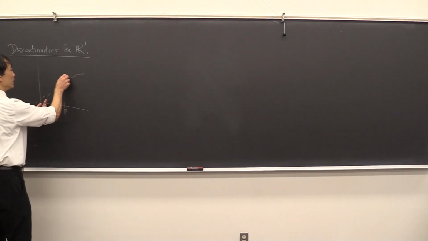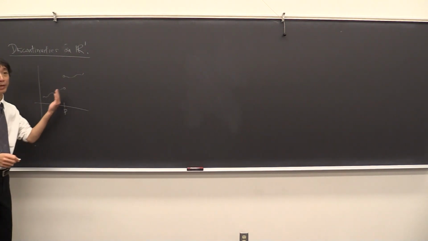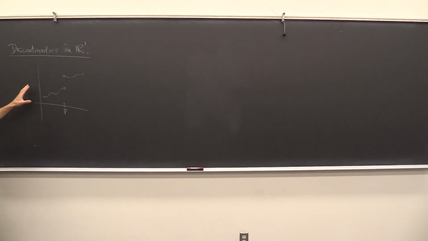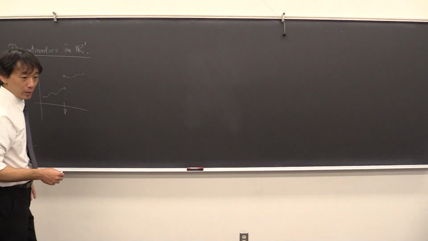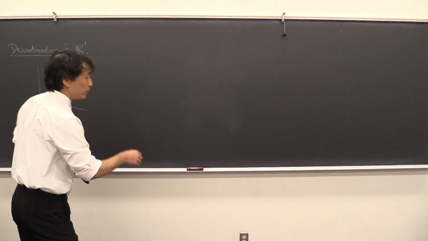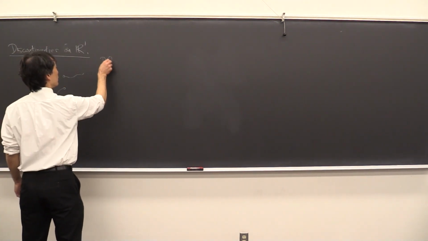If a function has a limit from the right-hand side, you can talk about a right-handed limit. So we're just going to describe that using the vocabulary that we have now. Okay, so here's the definition.